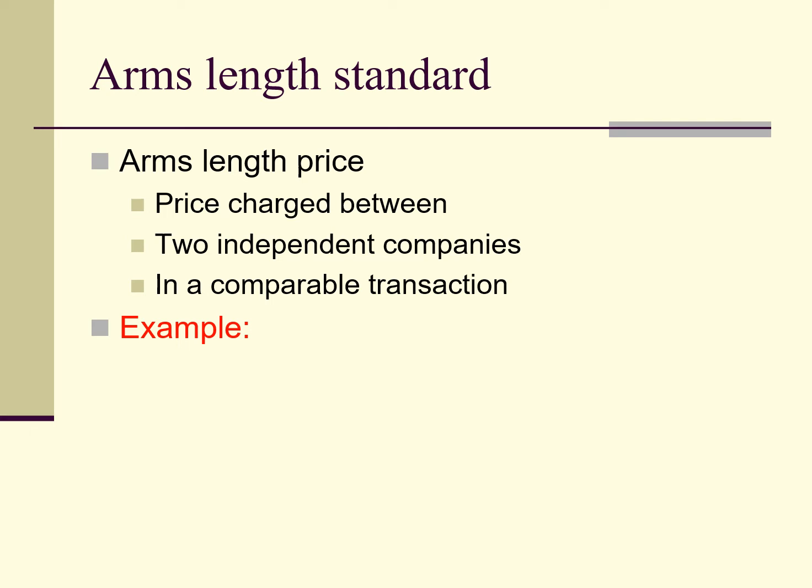For example, assume US Co. holds a patent on certain technology which can be incorporated into software used to provide online services. It licenses that patent to unrelated company X for a royalty of 5% of the revenue from online services that incorporates that technology.